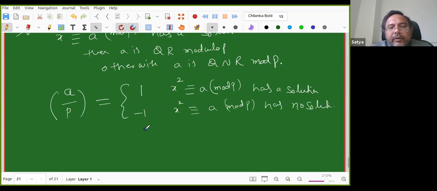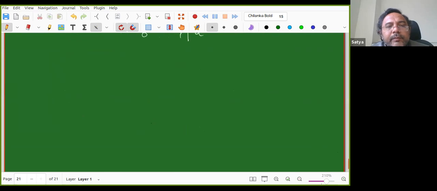And it is 0 if P divides a, combining these three. But generally we do not take P dividing a, that's why 1 and minus 1 are sufficient. So this is the Legendre symbol.